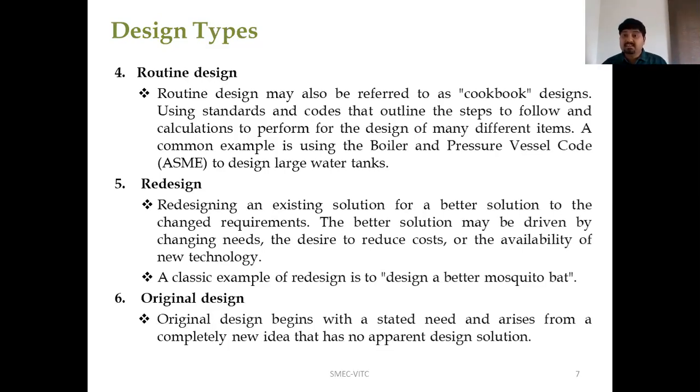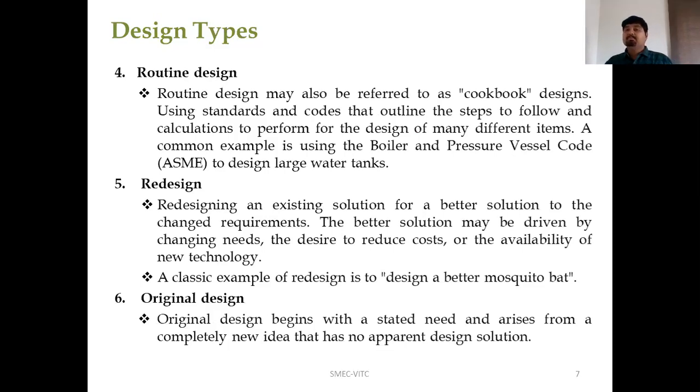Redesign is nothing but trying to improve the design that is already there and addressing the issues which are shown as a lacuna in that particular existing design. In order to address the issues, you again have to improve the existing design by working out the parameters which are not performing well, and working out how to reduce the cost, how to make this existing technology be utilized for that, and how to satisfy the needs that have been added on to the existing product.